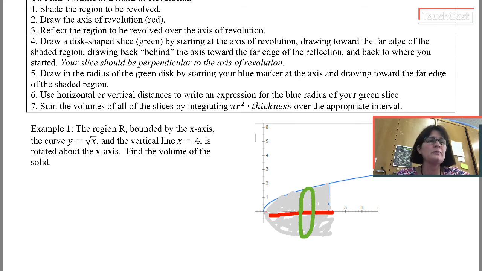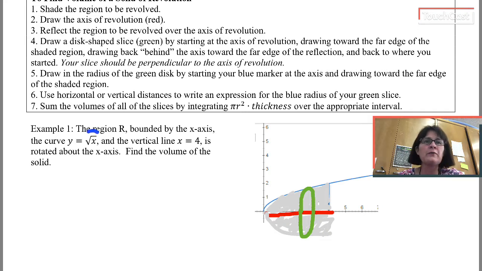All right, so I'm going to use my blue marker now to draw the radius of that green disc. Radius, it's the line that goes from the center of the circle to the outside edge. In order to help us understand the picture and what function we're going to have to put in our integrand, draw toward some kind of curve that was already a boundary of your original region.